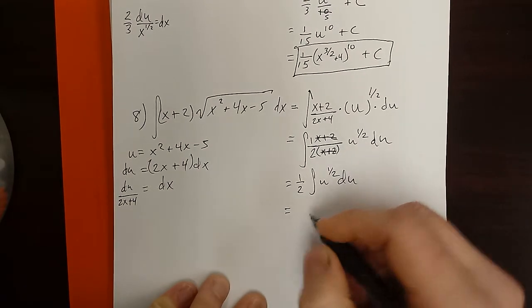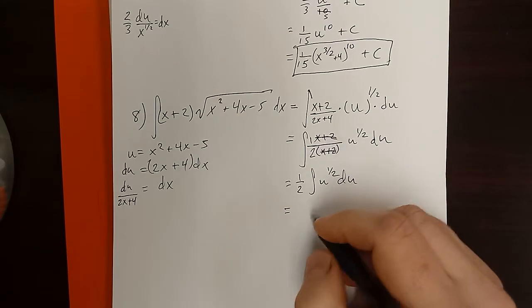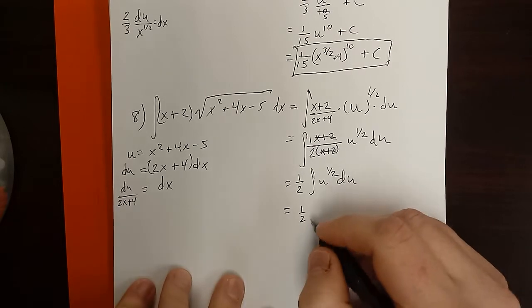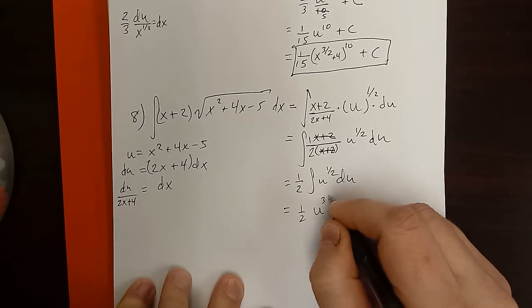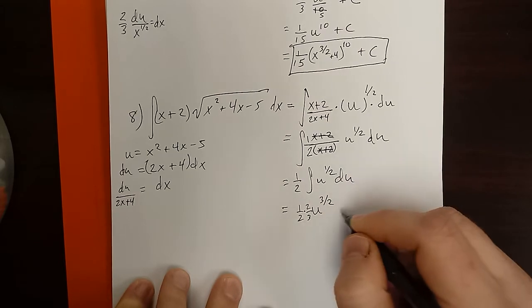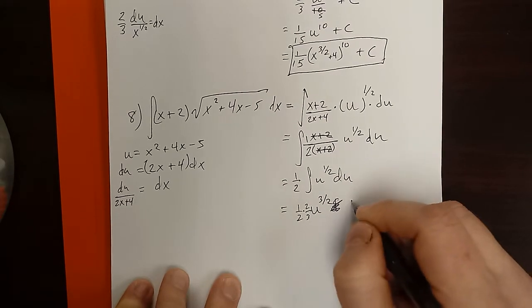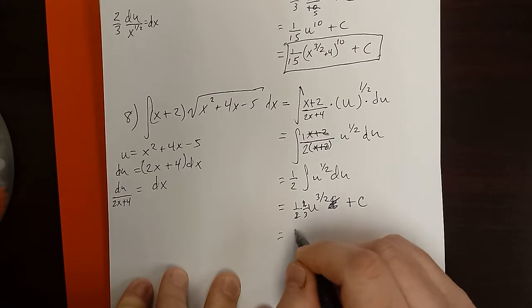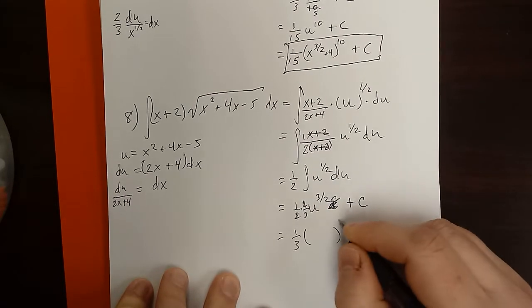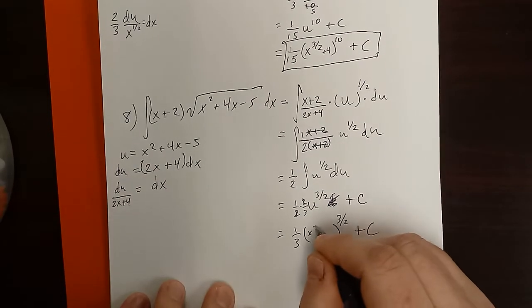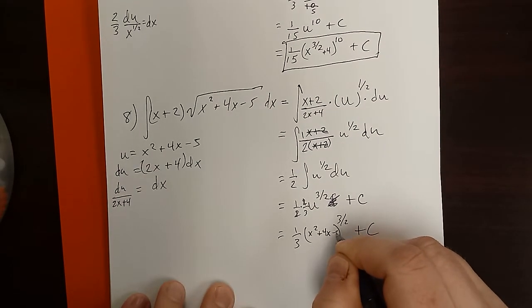We have a nice and straightforward integral. So we have our 1/2 out front, add 1 to the exponent, u to the 3/2, times the reciprocal, 2/3. The du went away, plus c. 2's cancel, we get a third. 1/3 this stuff to the 3/2 plus c. This stuff was x squared plus 4x minus 5.